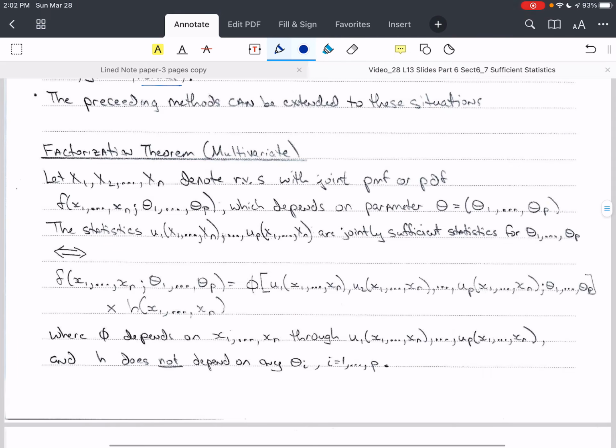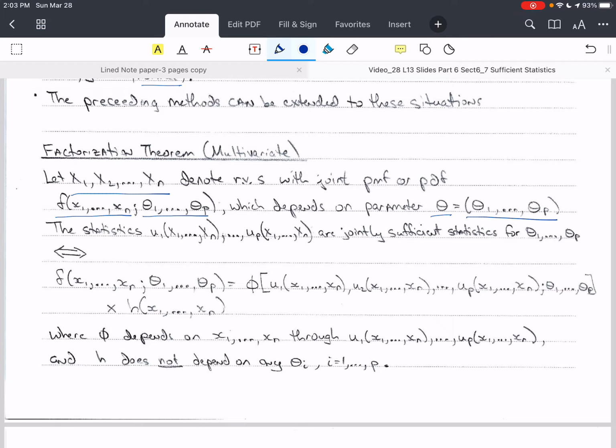So here's our multivariate factorization theorem. Let X1 to Xn denote random variables with a joint PMF or PDF, f of x1 to xn, theta 1 to theta p, which depends on the parameter vector theta, theta 1 to theta p.